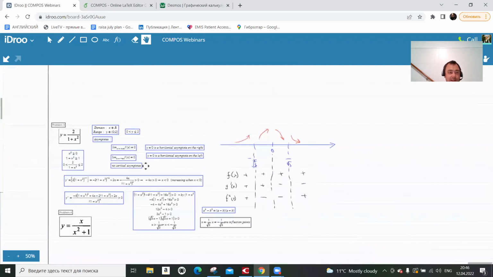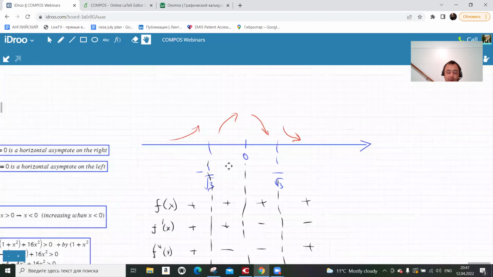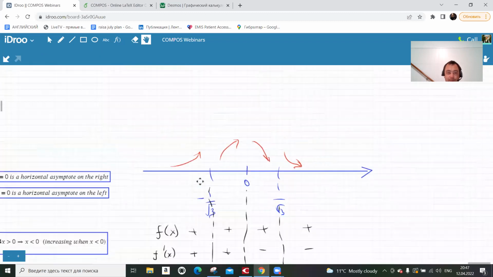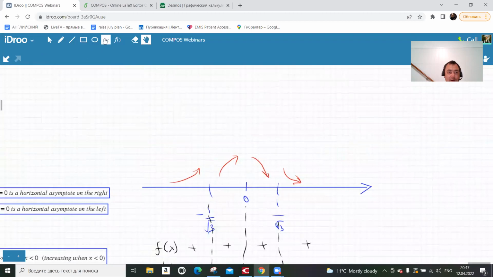Then what do we need? Well, you need to find the value of the function at these points. So when x is 0, y is 2.